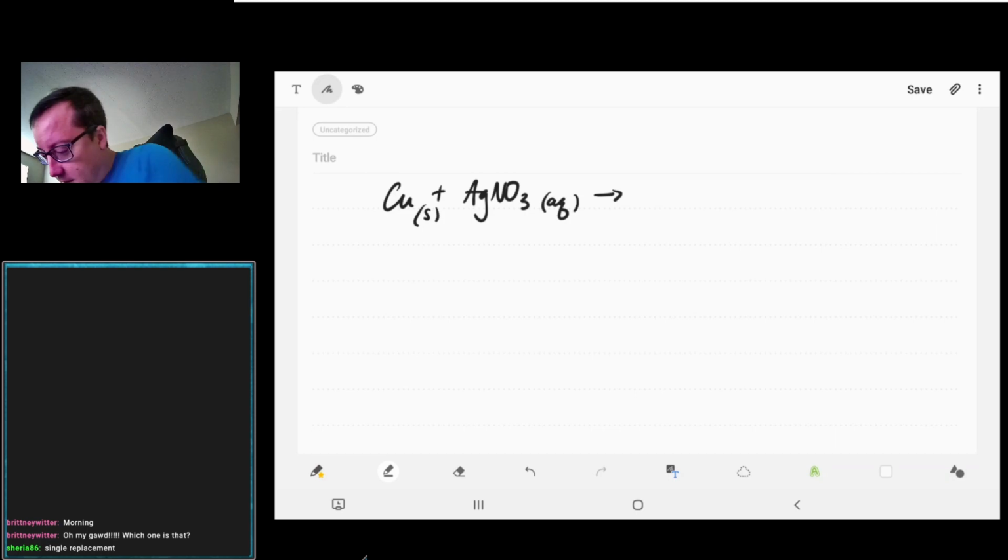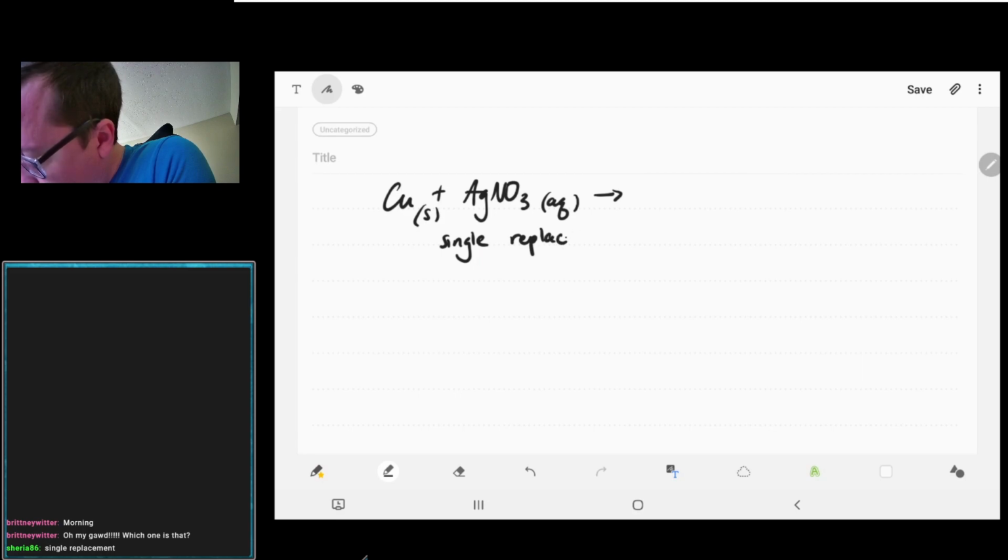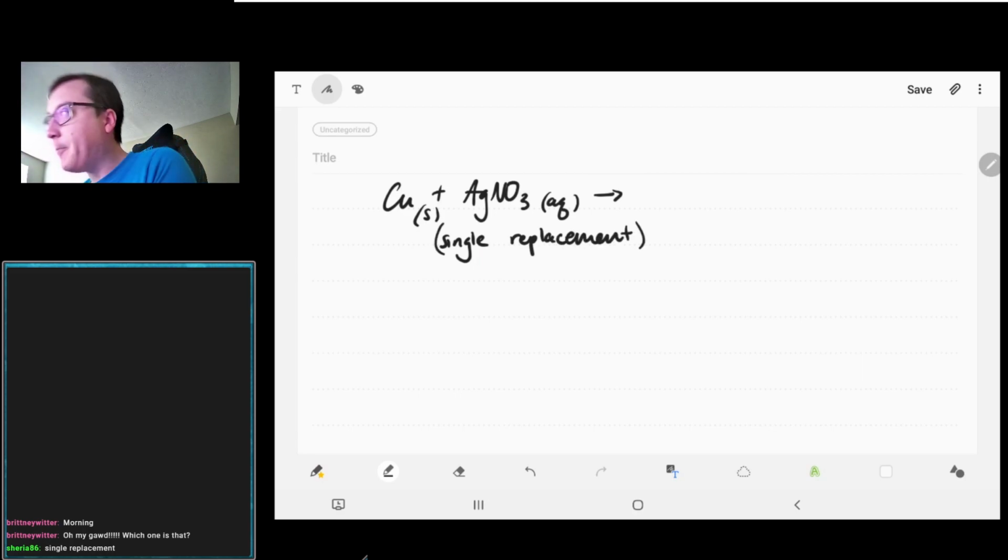Yes, this is definitely a single replacement reaction. So just one thing to remember with this one, we do have a transition metal present that does have variable charge.